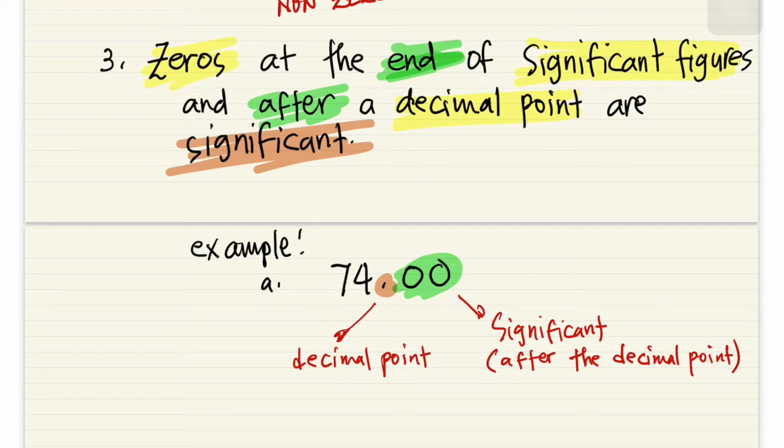If you're asked how many significant figures there are, you count 1, 2, 3, and 4. So there are 4 significant figures.